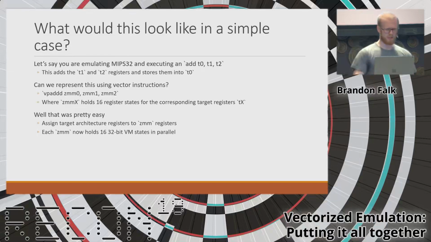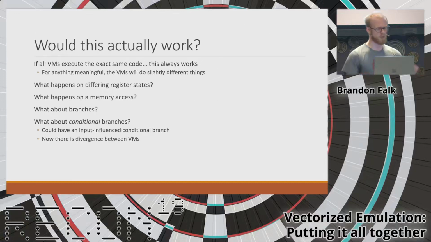So the question is, now that this works on arithmetic, which makes sense, will it work for real programs? I had to think through some of the issues that could come up. First of all, how do I get all of the VMs to execute the same code? If they're executing different instructions, then I'm not able to run them in parallel at all.